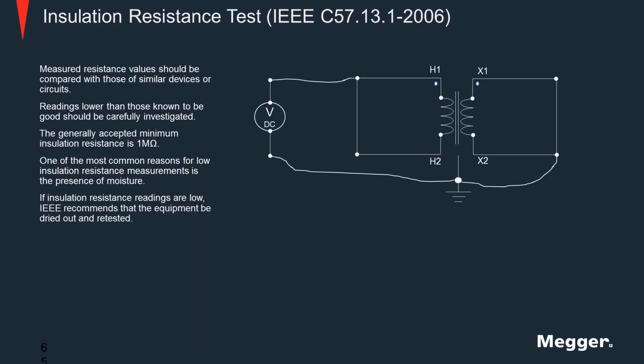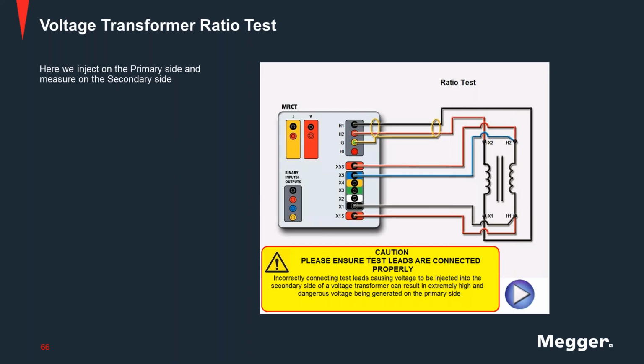For the insulation resistance, it's the same as the CT. We do the primary to secondary winding insulation, the primary to ground insulation, and the secondary to ground insulation. This is according to ANSI C57.13, 2006.